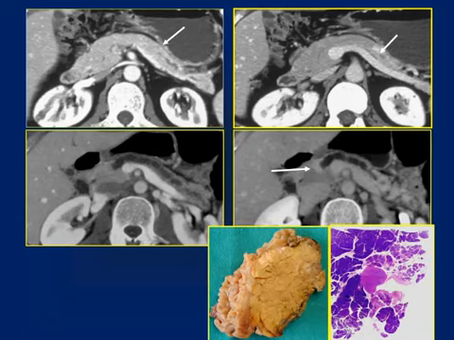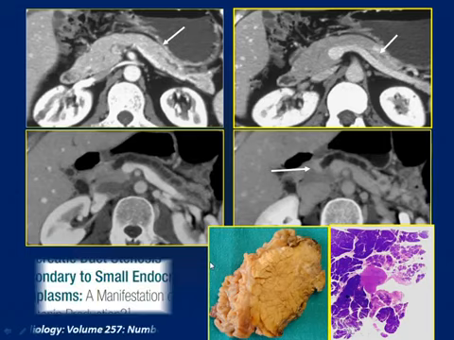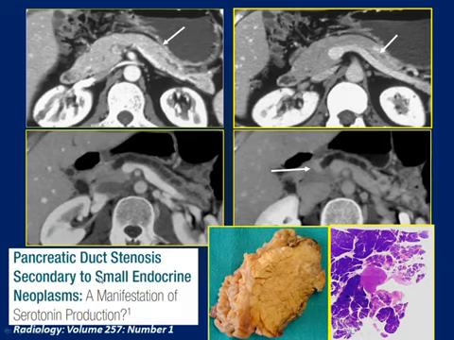Both these cases were operated, and you may see the lesion of this case located in this part of the anatomic specimen. This is the Wirsung duct, which was dilated. Both cases were classified as carcinoid, and there is an interesting study dedicated to this type of lesion.